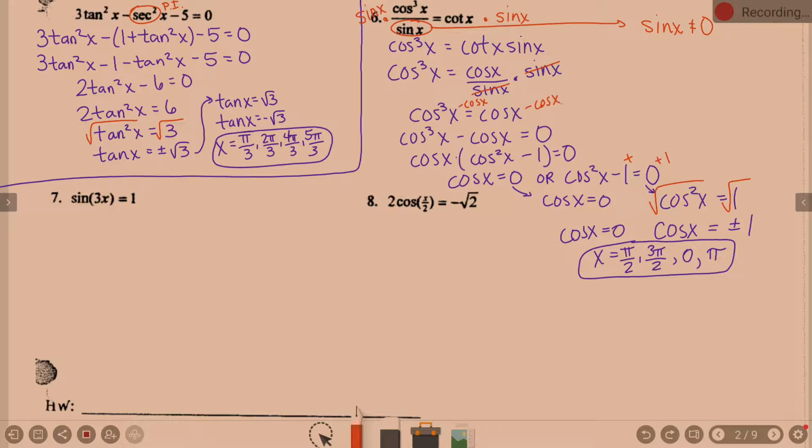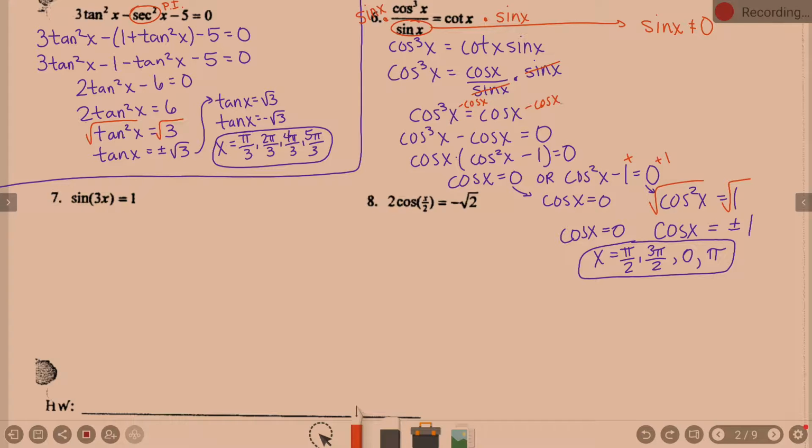When you check for extraneous solutions, you're checking, is there anything that will make the denominator 0? So is there anything that will make sine equal 0? When does sine equal 0? So when is the y value 0? And when does that happen? Sine is 0 twice, right?